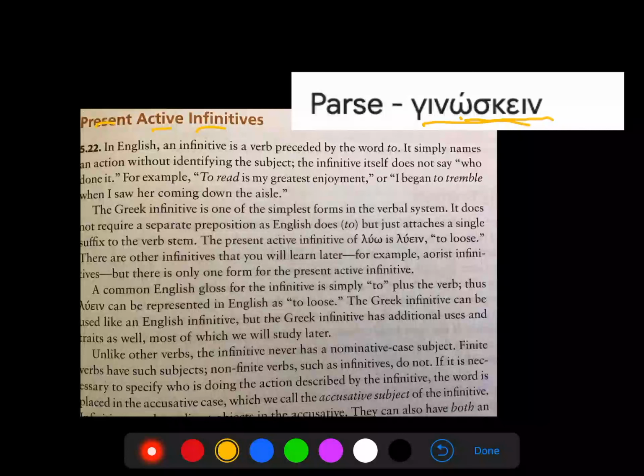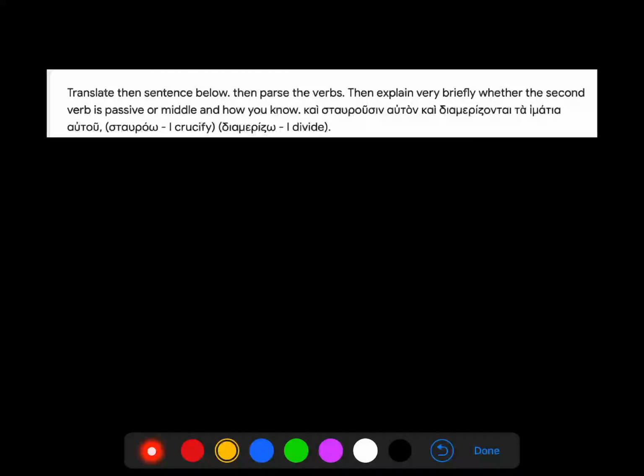And if you see this ein ending here, the present active infinitive of luo is luein, to loose. So that ein ending is the marker of the present active infinitive. So please don't forget this material as we go through. And I need to do more of just giving you some things that we did a long time ago so that you can recognize what they actually are.